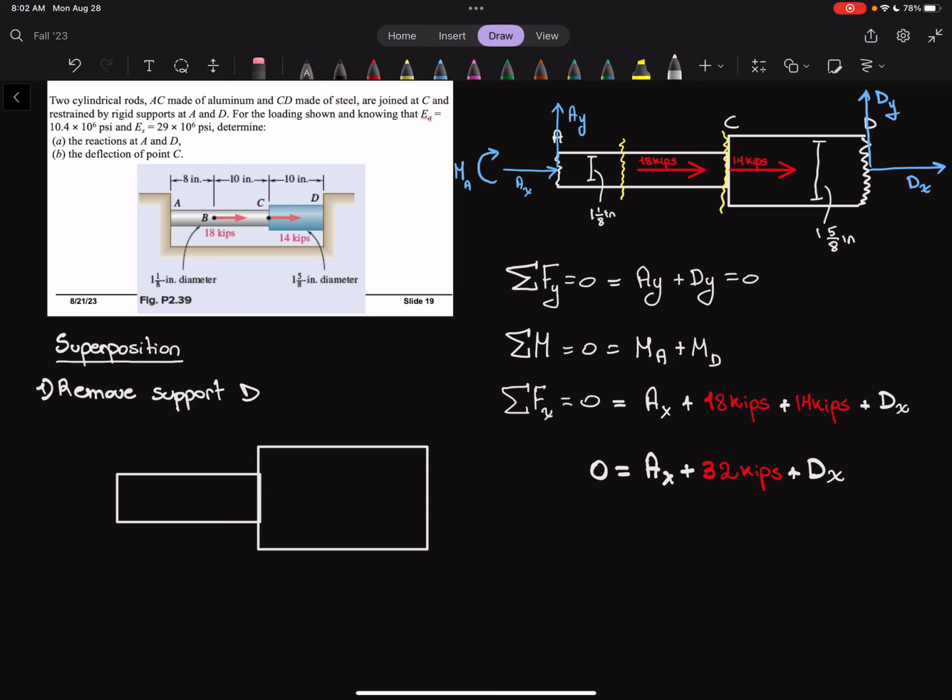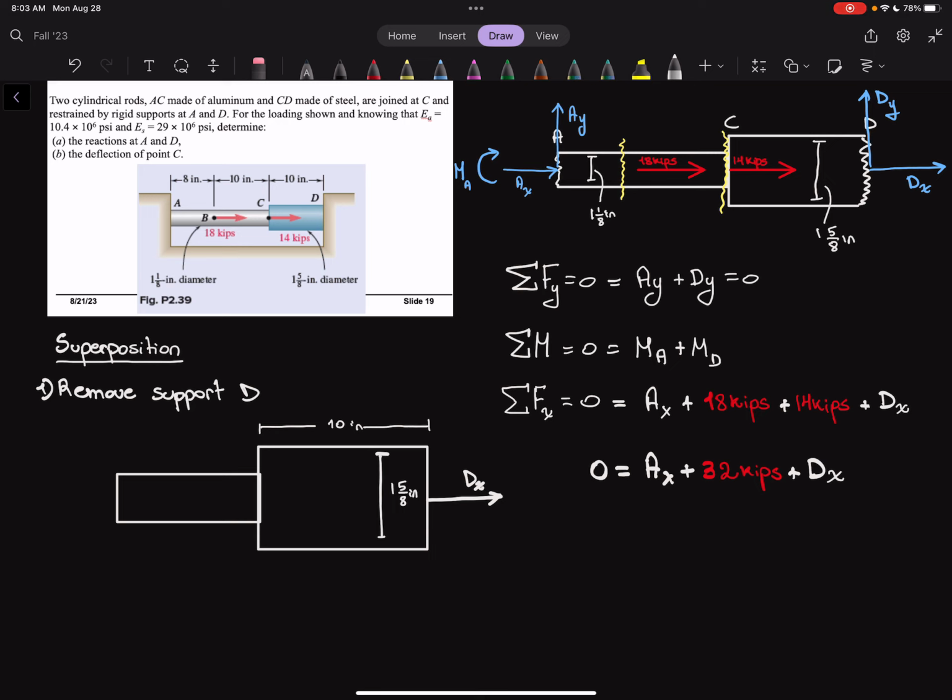So let's say that here we've already proven we only have this DX, right? We don't have DY, we don't have the moment. And we still have the dimension here, and the dimension is 1 5/8 inches. And we also have this dimension, which is 10 inches.